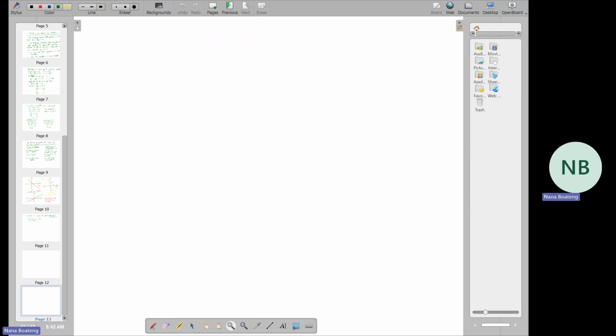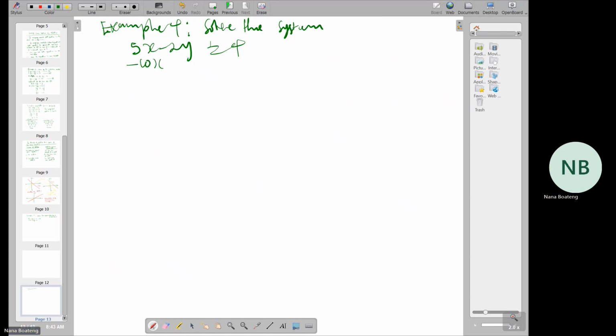My other screen is misbehaving. So we have example 4. It says solve the system: 5x minus 2y is equal to 4 and minus 10x plus 4y is equal to 7.